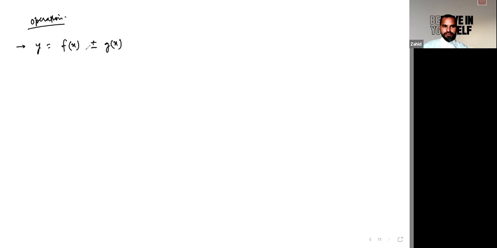Here we have two different functions related by plus or minus. According to the formula, dy/dx equals the differentiation of the first function plus or minus the differentiation of the second function.